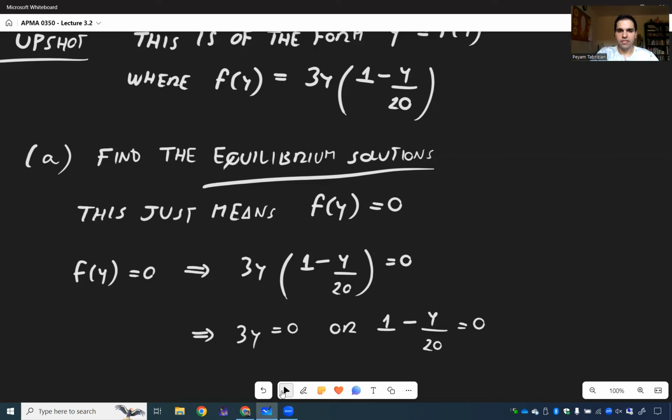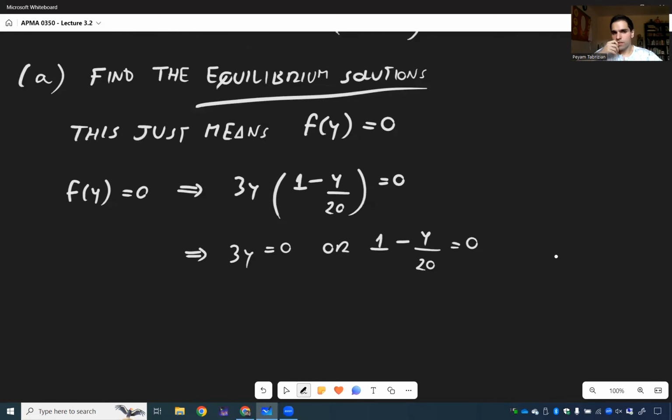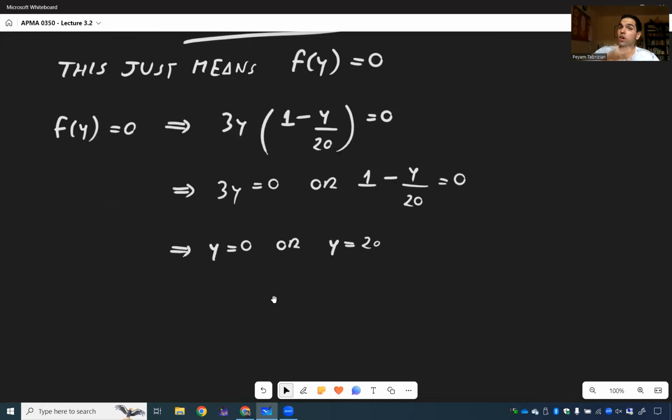That tells us either y is 0 or y is 20. And so this means we have two constant solutions, y equals 0 and y equals 20.